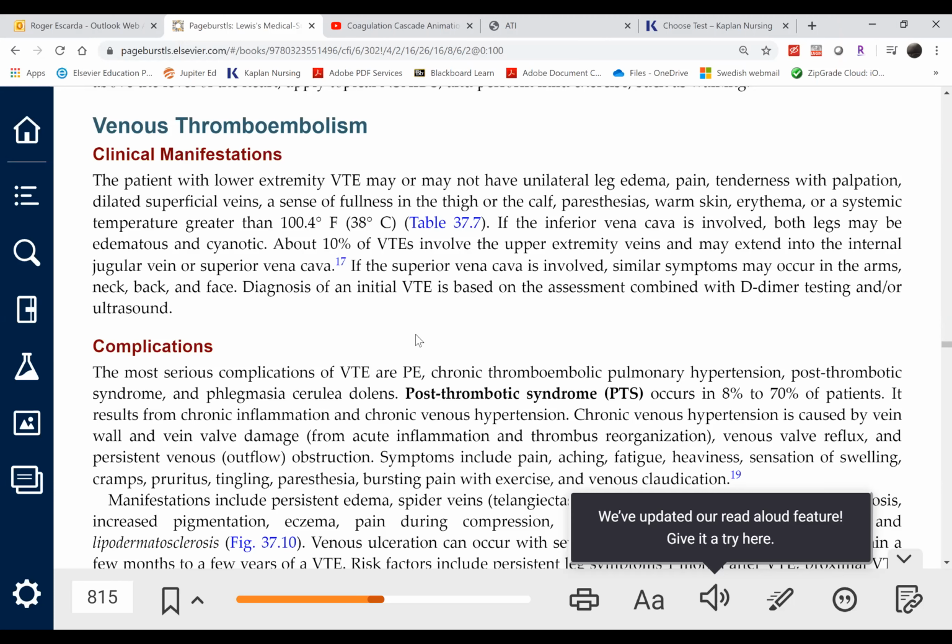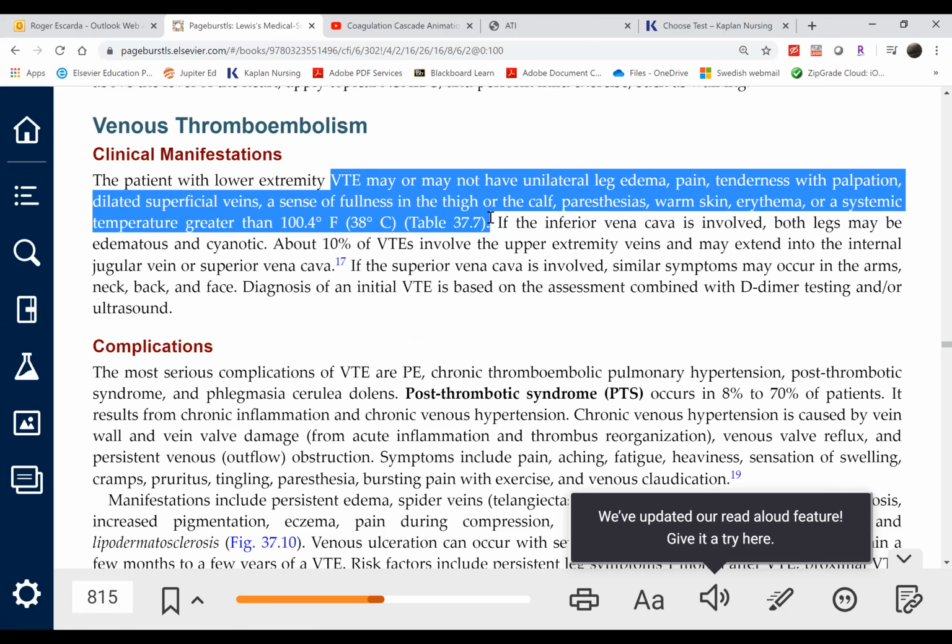Yeah. For edema, for hot sensation. Okay, so here are your manifestations. Take note that it's unilateral. Okay, it's not bilateral. It's only on one side, right? Yeah, usually involves only one leg or one calf.